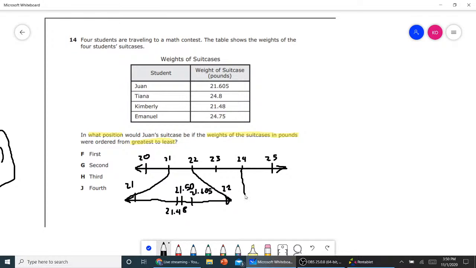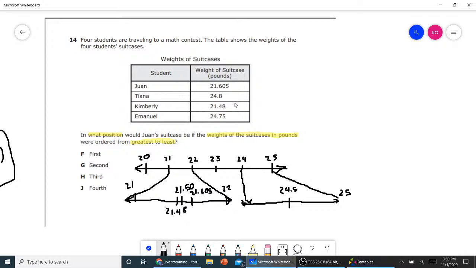So let's draw a number line again. 24 is right here, and 25 is right here, and we can make the middle 24.5. Then let's look at Tiana's number first. We can see 24.8.